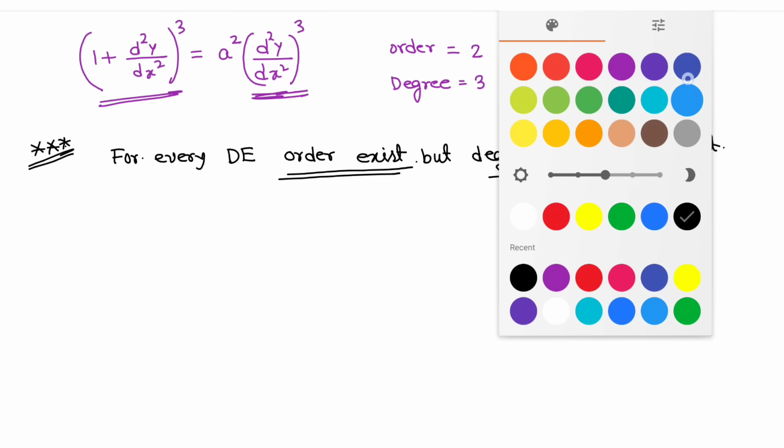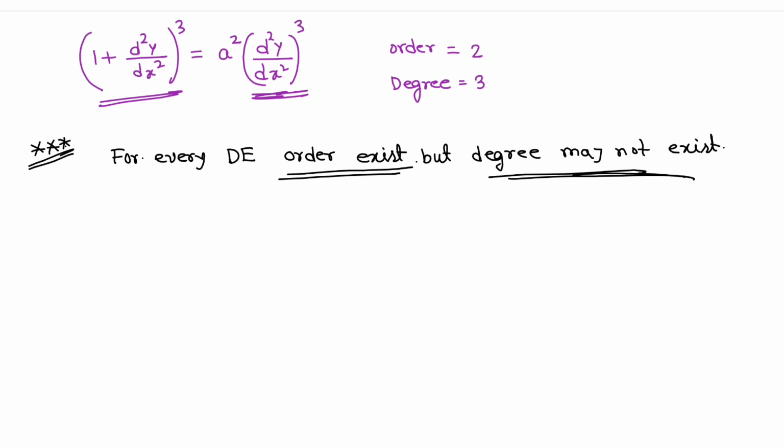You have to understand some basic points. First of all, suppose you are given an ordinary differential equation. First, you have to find out which one is the dependent variable. This is your first step.